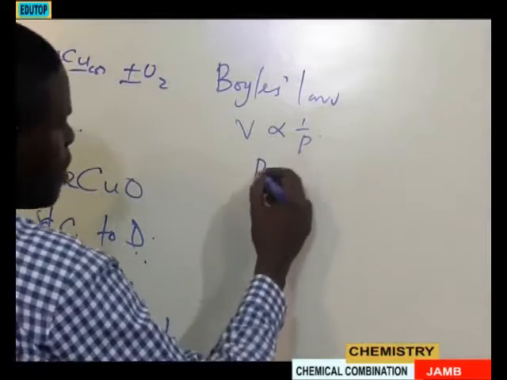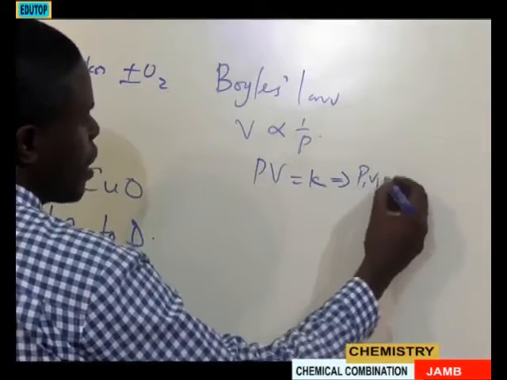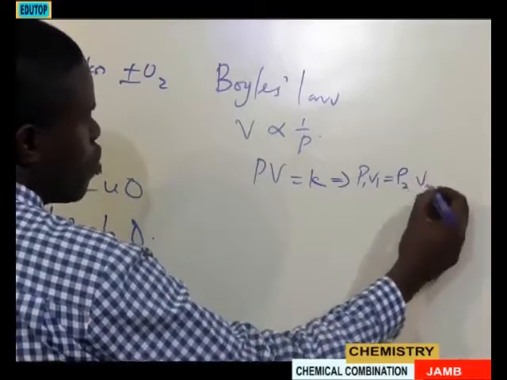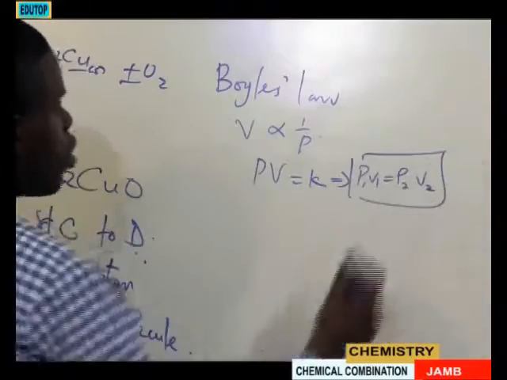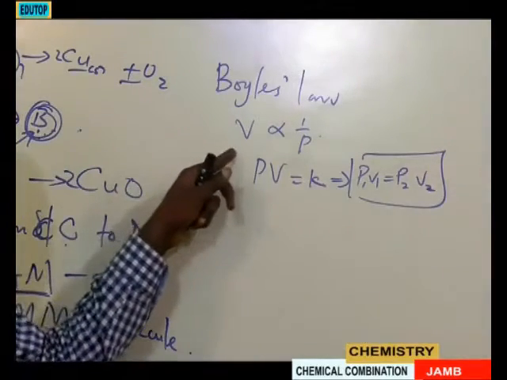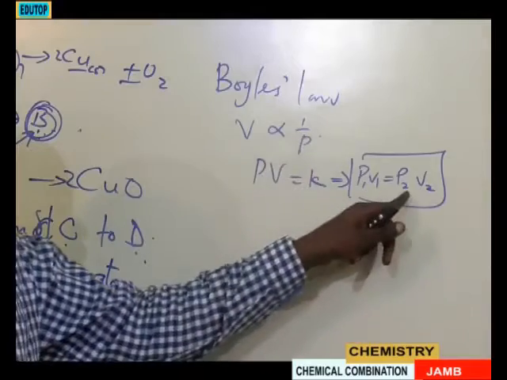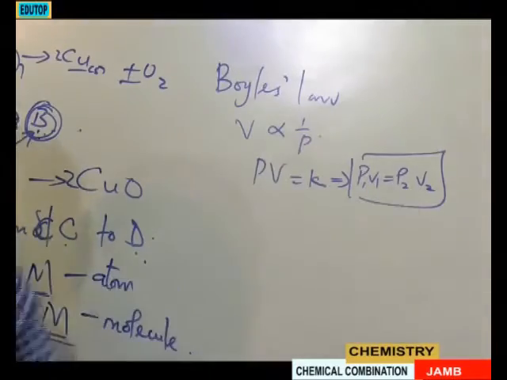That's why you normally have PV is constant, where you now have P1V1 equals P2V2. So the volume of a given mass of gas is inversely proportional to the pressure, and you arrive at this formula.